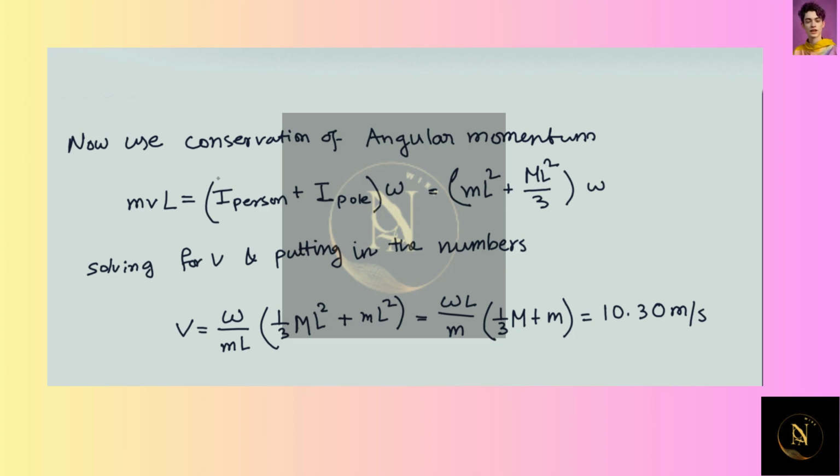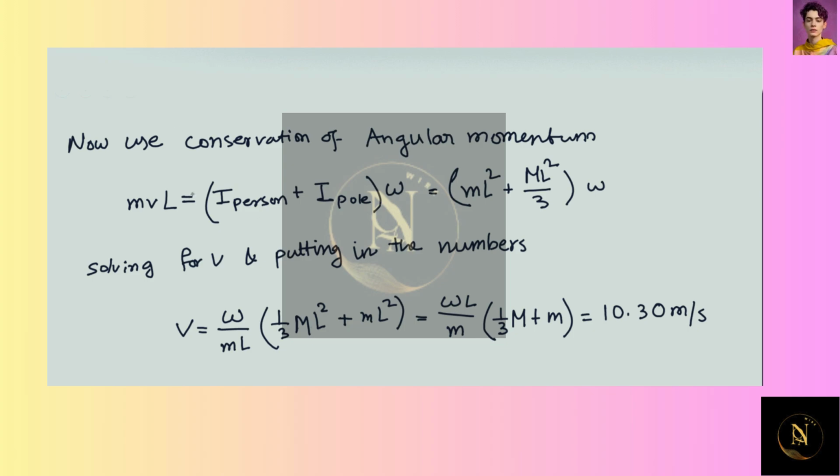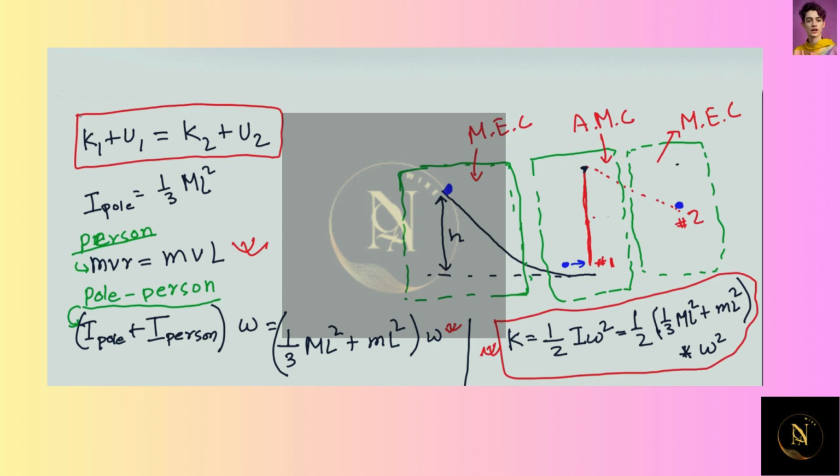Now we'll be using conservation of angular momentum, or in other words, we'll be using this part of the equation. As we mentioned, before collision the total angular momentum was mvL, and after collision, it's the total moment of inertia times omega, where we have already calculated these two here.